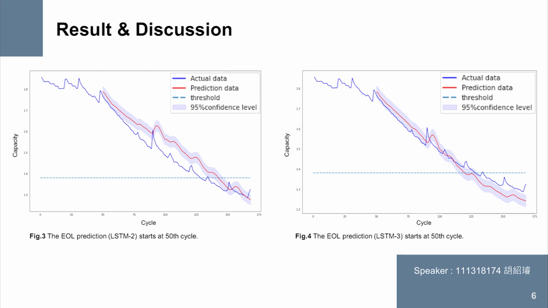It shows that a large part of the predicted curve is included in the 95% confidence interval, and the occurrence of end of life can be predicted in advance, which actually predicts the end of life.